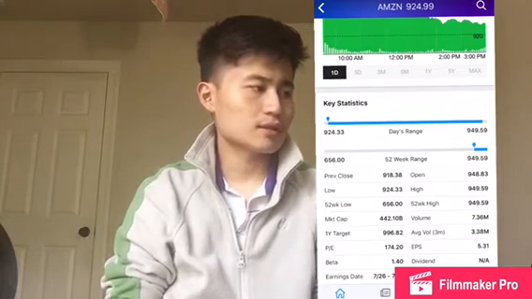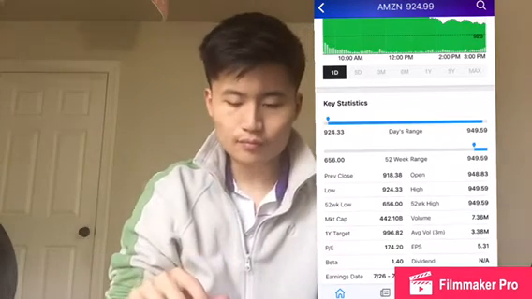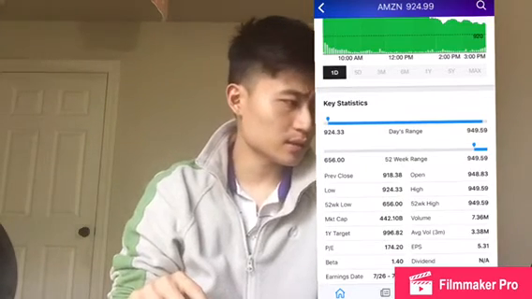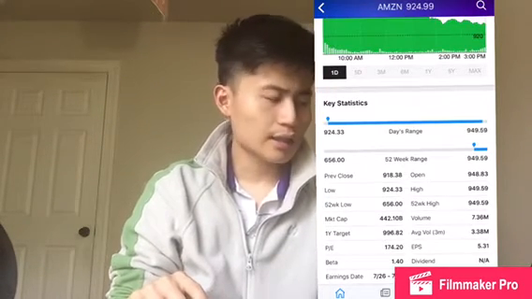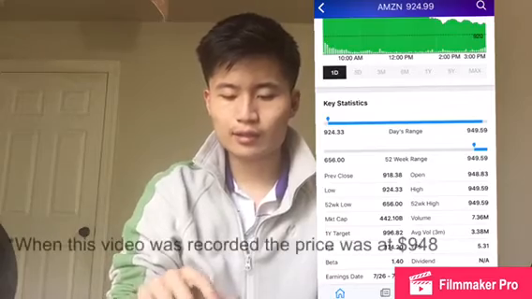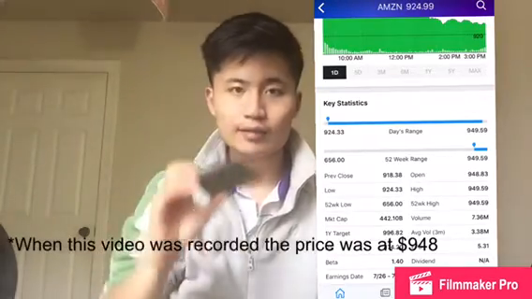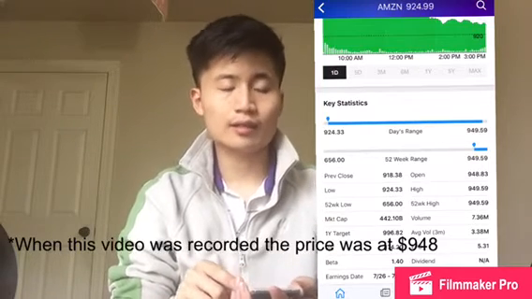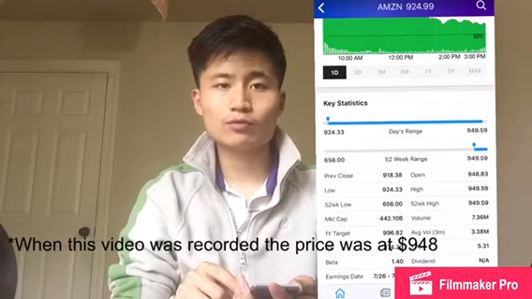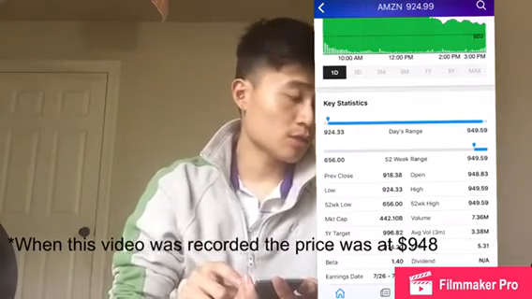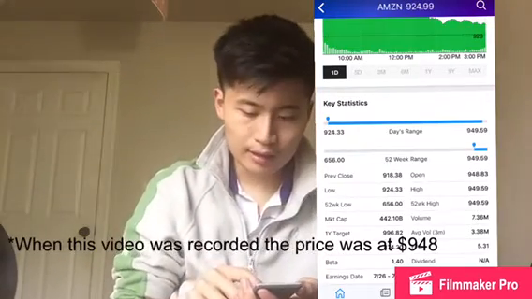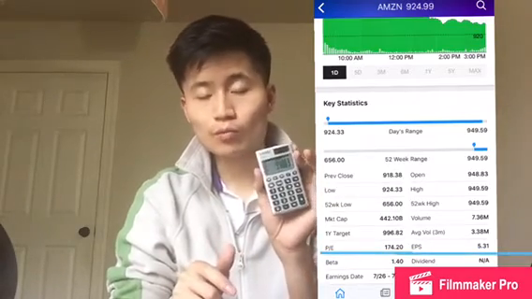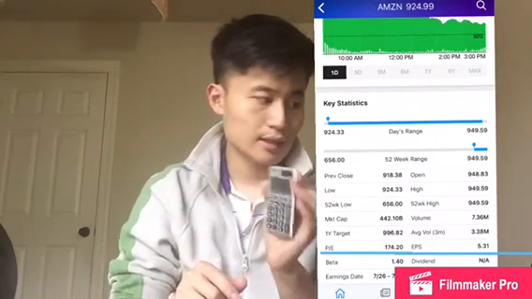Let's do Amazon first. I believe the current price for Amazon is $948. Let's get a calculator. Today is April 29th, so the current market price per share is $948.83.